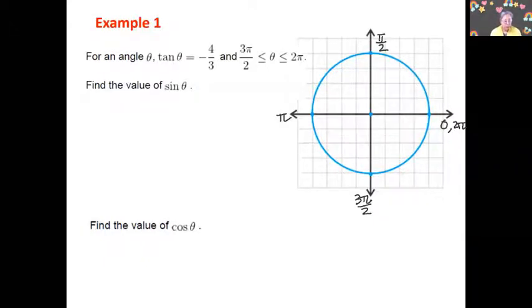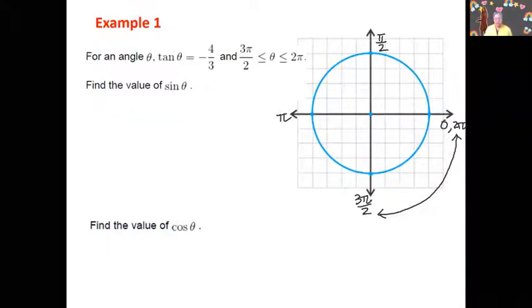Between 3π/2 up to 2π. So between this region, consequently it's limited to quadrant 4. Quadrant 1, 2, 3, and this is quadrant 4.